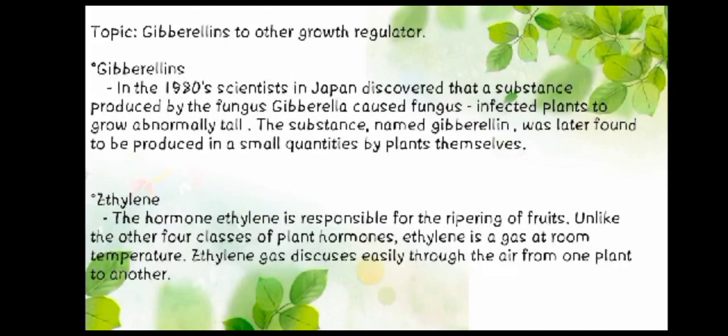So it has many effects on a plant, but primarily stimulates elongation growth. Almost all seedless grapes are sprayed with gibberellins to increase the size of the fruit and the distance between fruits on the stems.